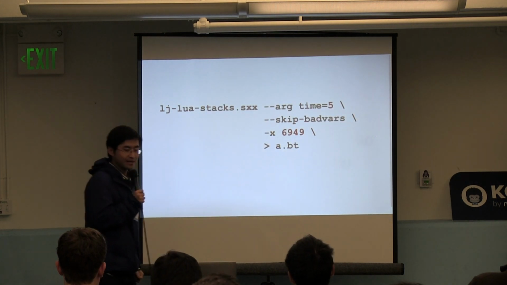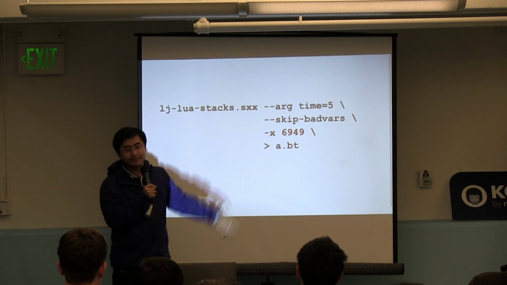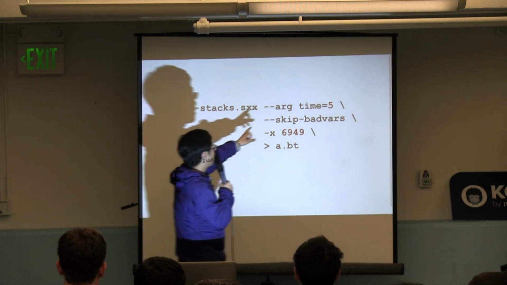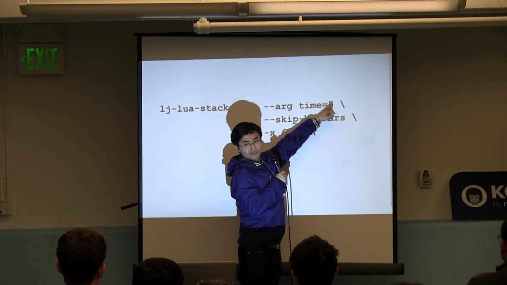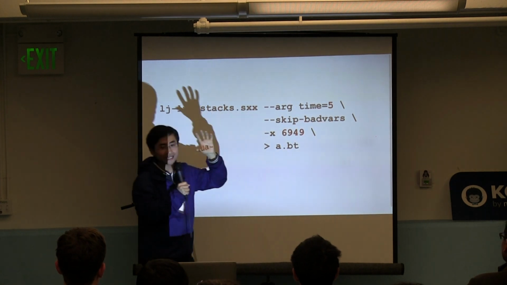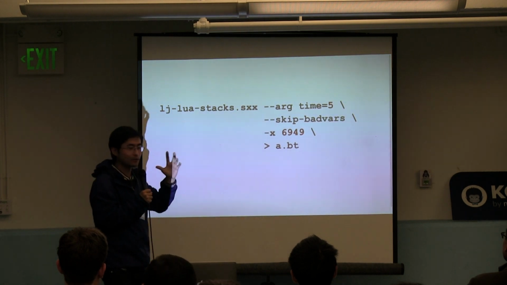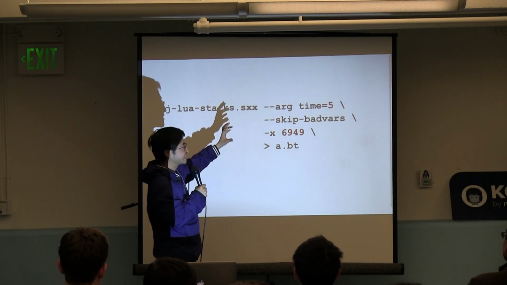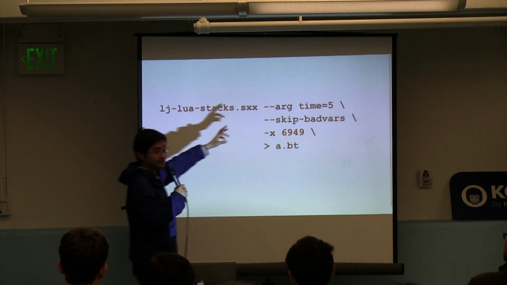Generating the Lua flame graphs is similar, just with another tool. LJ Lua stacks is also a SystemTap tool. You specify how long you want to sample. So it's important: just during these 5 seconds, we have a small overhead, like 20% or much lower, like 10% overhead to the target process, because we have multiple processes, right? So only one of them incurs this overhead.